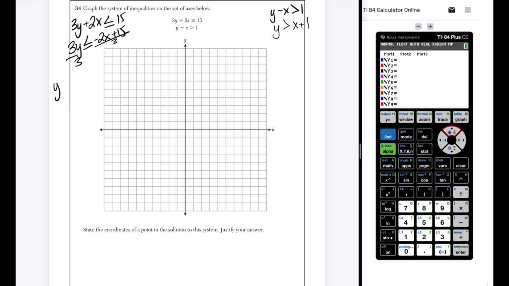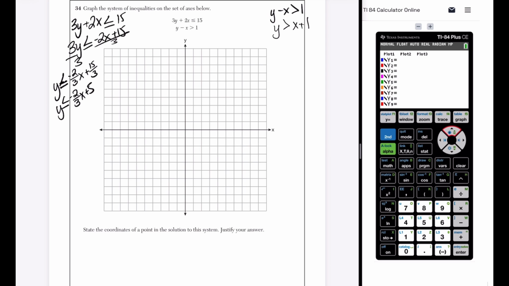So on this side I get y is less than or equal to negative 2/3 x plus 15 over 3, or y is less than or equal to negative 2/3 x plus 5. So we have two equations that we can now graph.